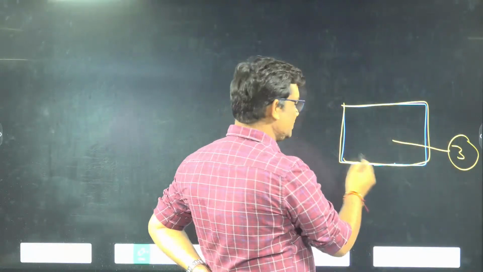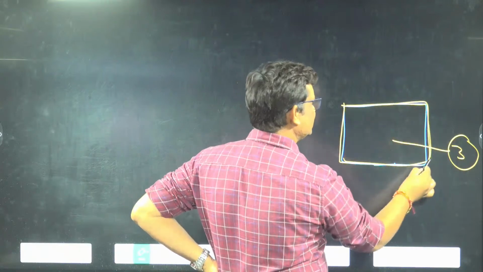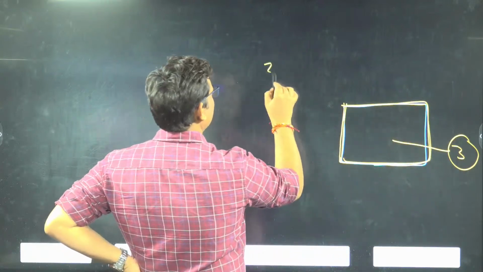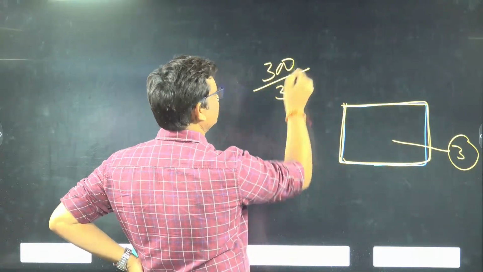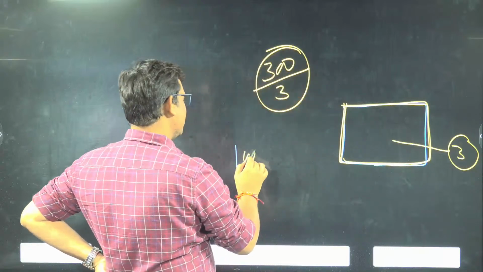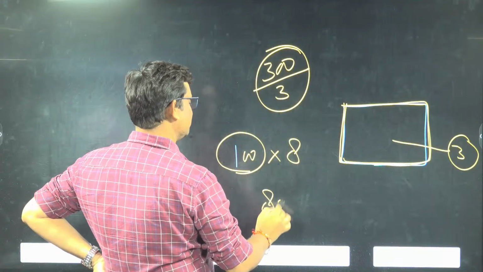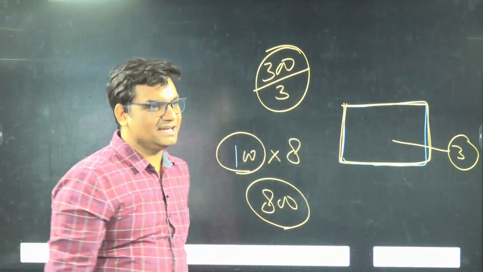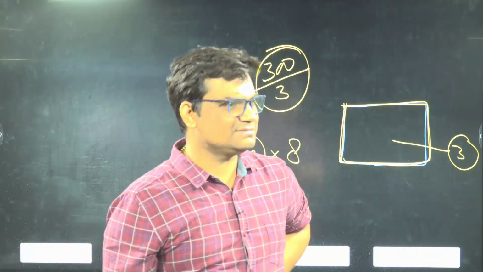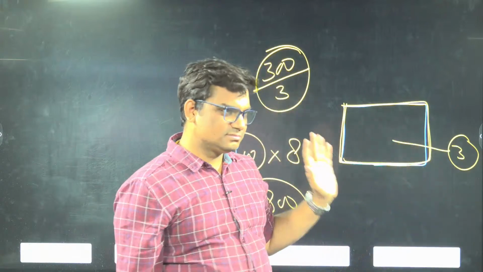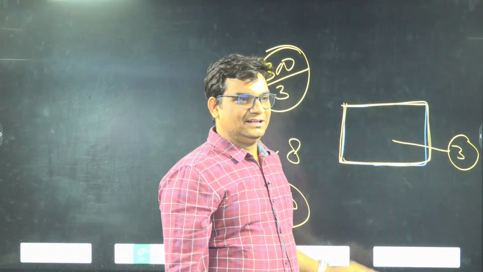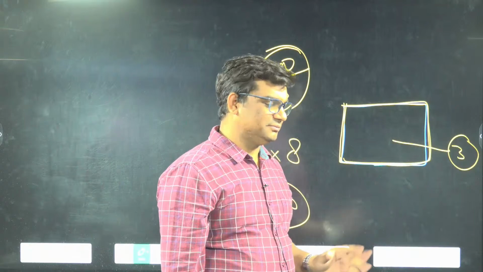So the calculation was that whatever the units, suppose 300 units come, then divided by 3, so each has 100 units, and suppose each 1 unit costs 8. So the total electricity bill of each becomes 800. That is a simple calculation, nothing much.